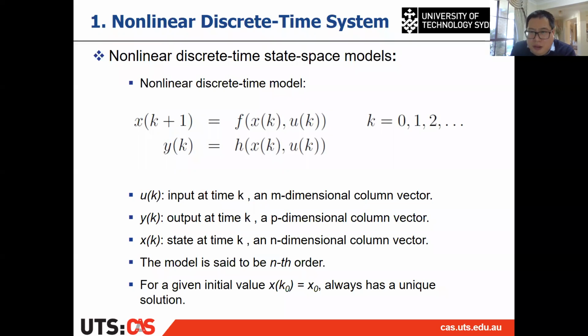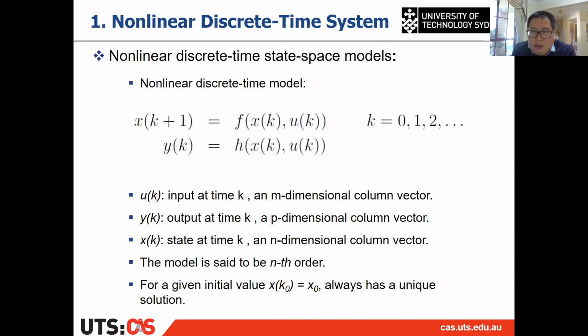And again, the same thing as for the linear discrete time system: it is still a relationship between x_{k+1} and x_k. So there's no dot on the x because it's not continuous. You can't calculate the derivative.